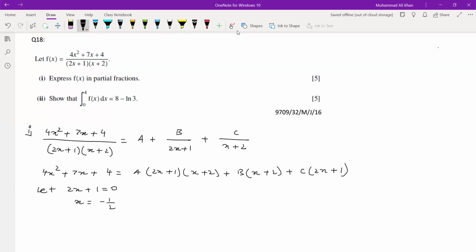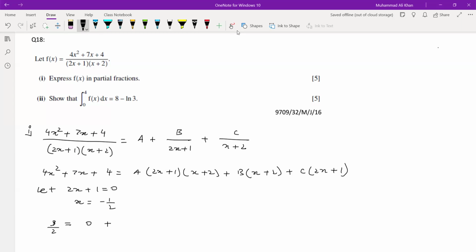Calculate. Left hand side is 3 upon 2, equals to, the first term is 0 because of 2x plus 1.